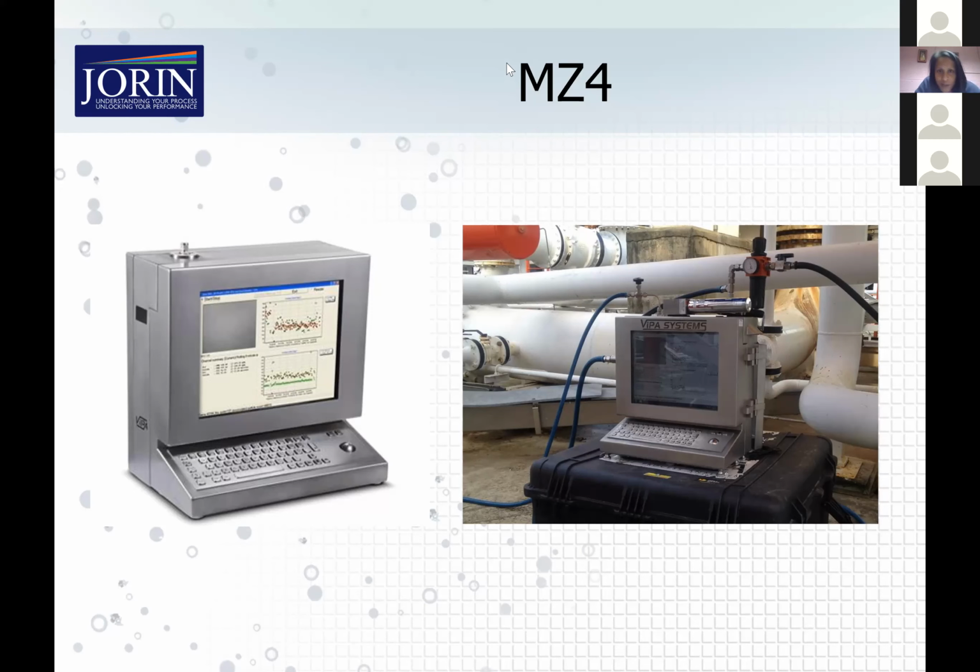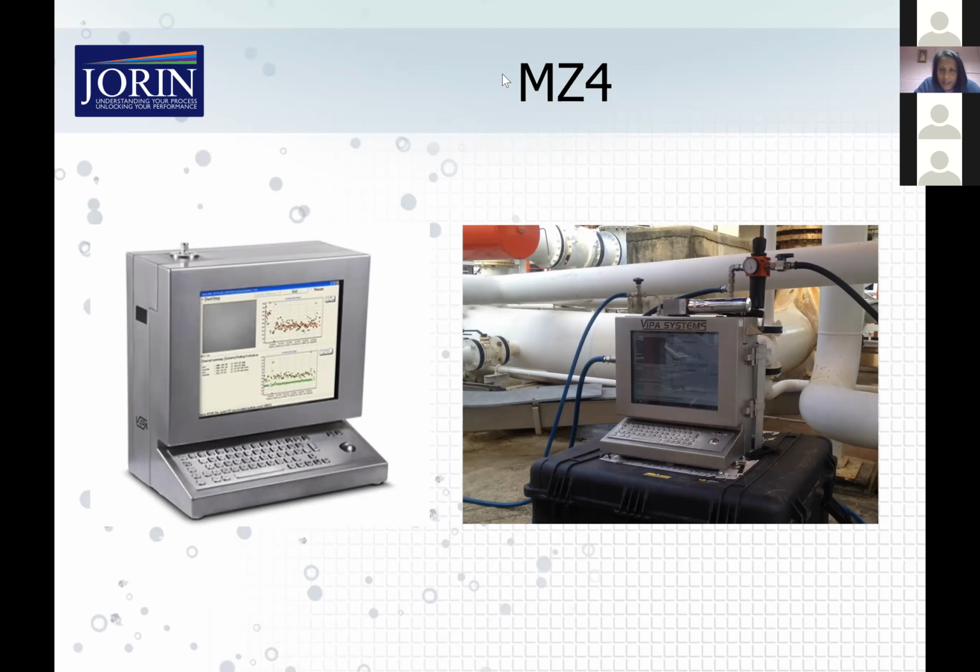Okay, so let me just look at the questions. The first question, I don't know whether everybody can see it, so I'll just read it out. How does your system camera handle emulsions, surge or slug flow? Effectively, we have a max concentration range in terms of what the ViPA can see, because it is basically a microscope.